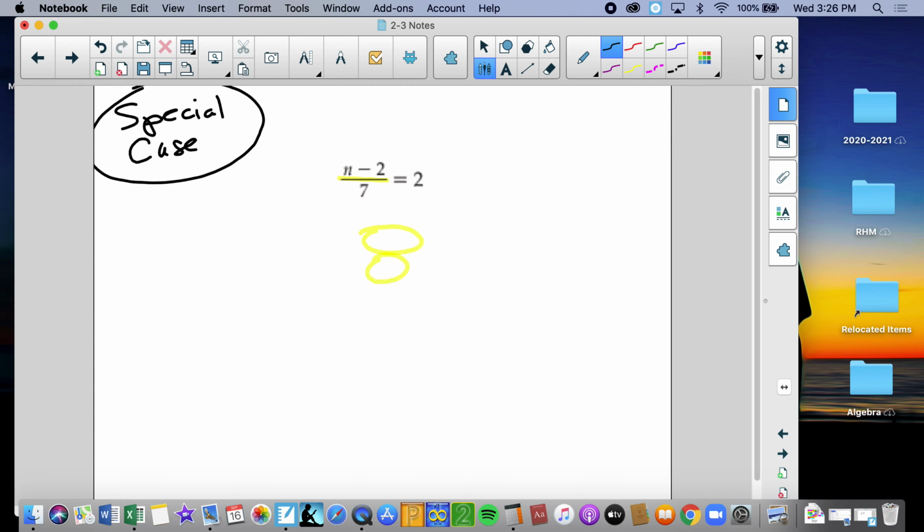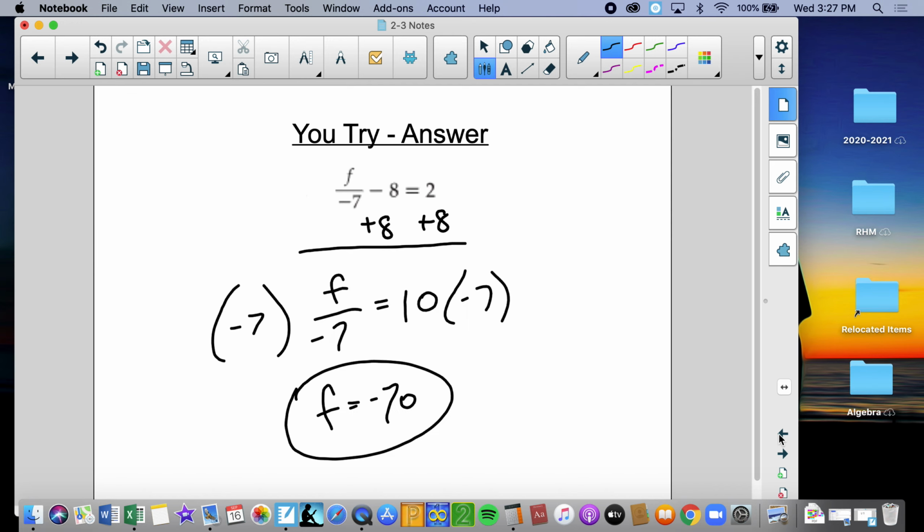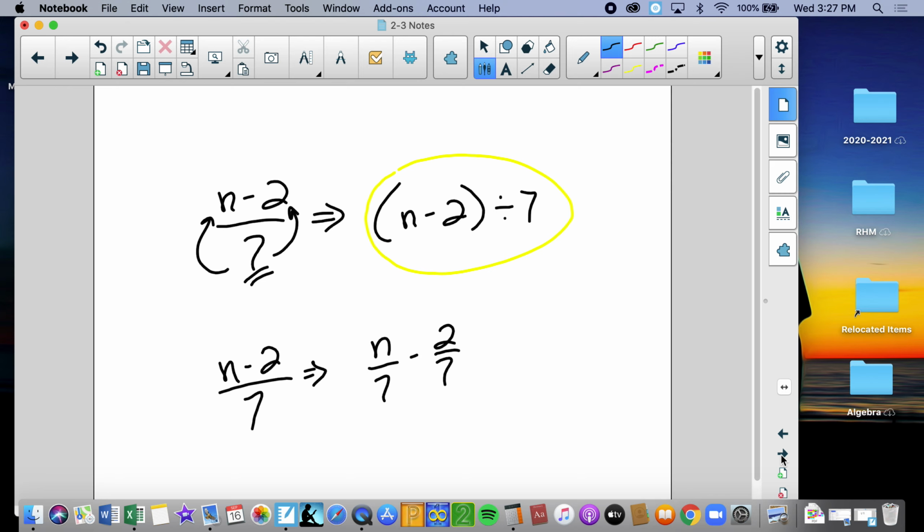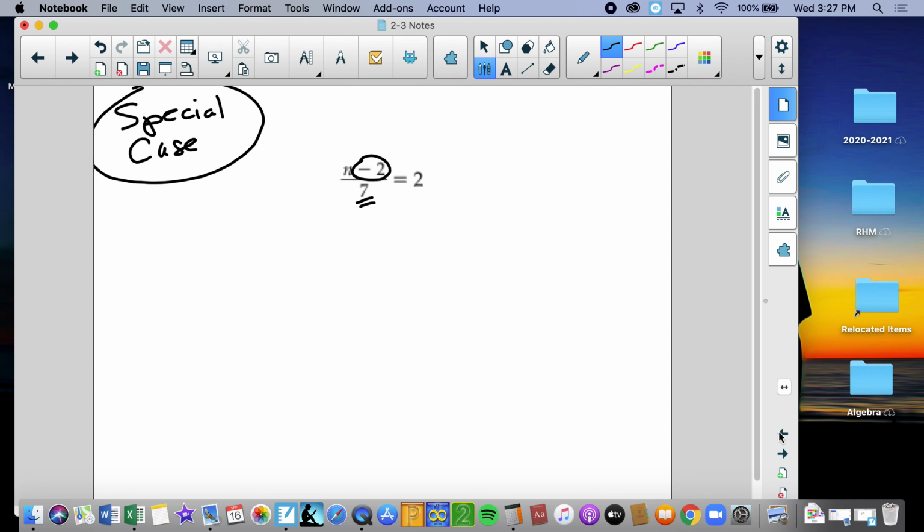In this case, what we want to do when there's a vinculum, we can't get to this -2. We can't add 2 just yet because there's a parentheses. Chewbacca arms right here. So we can't get to that -2. We have to get rid of that division first.